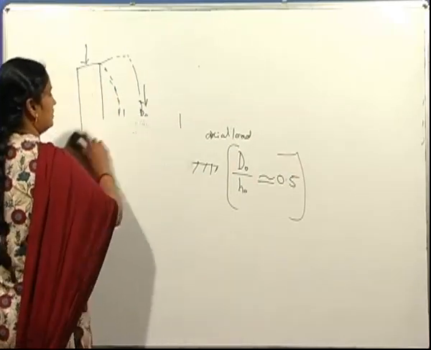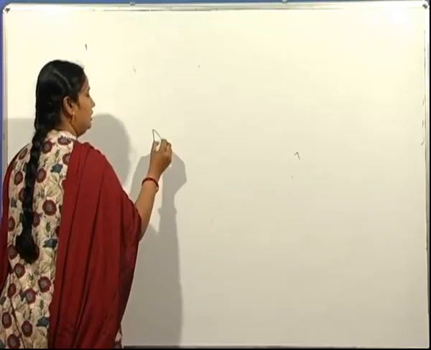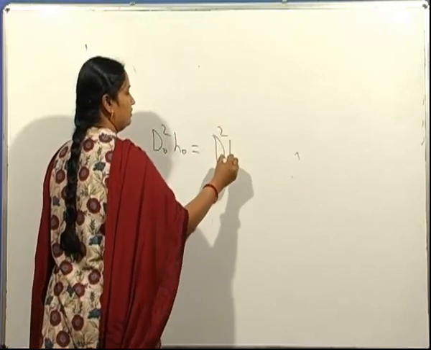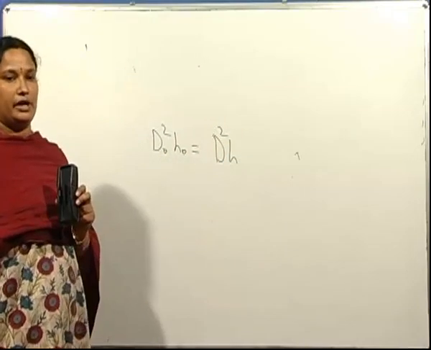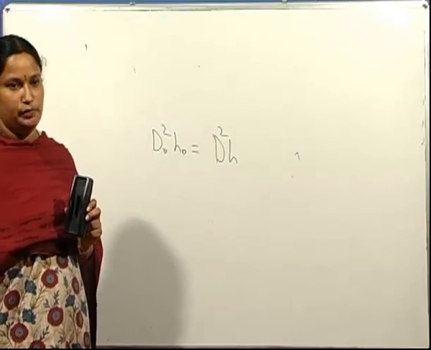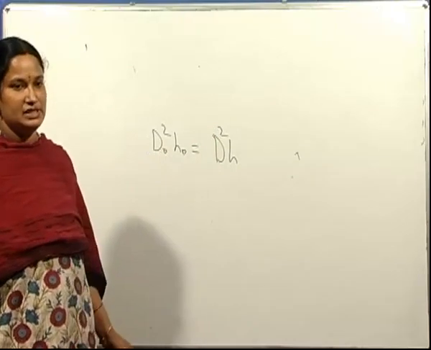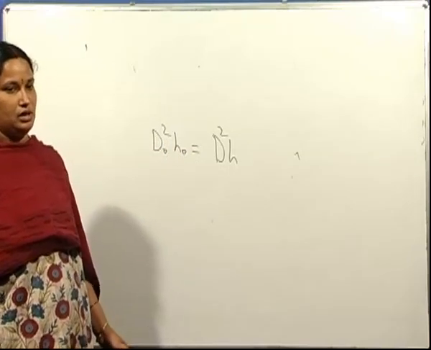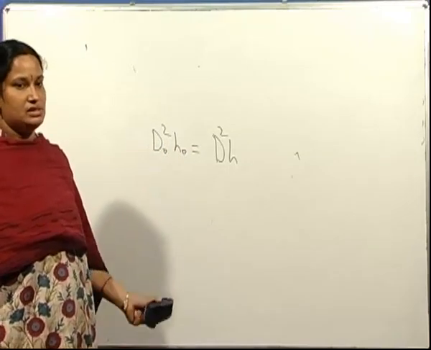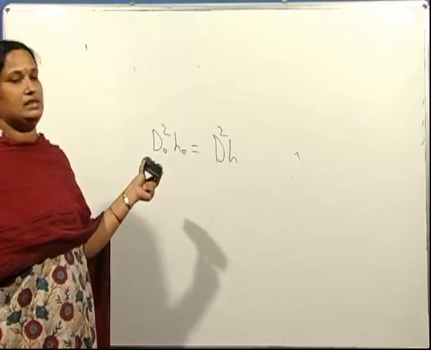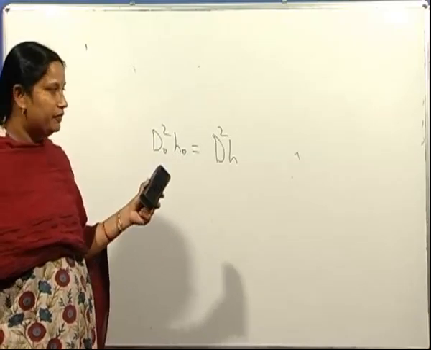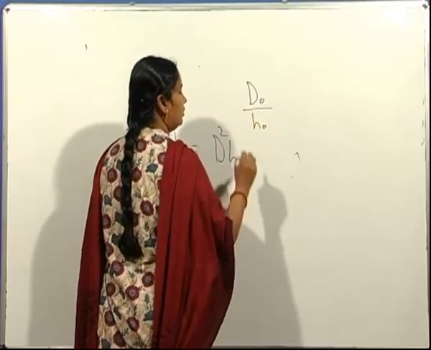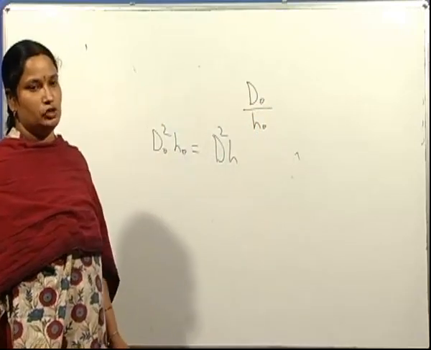So according to the constancy of volume, D0 square H0 is equal to D square H. According to the constancy of volume relationship, for the case of a cylindrical specimen, D0 square H0 is equal to D square H. So compressive tests are carried out for various specimens which have different D0 by H0 values.